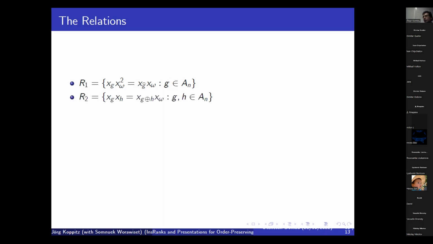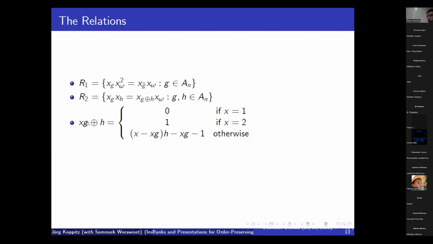And the second kind of relations do the following. If you have any two elements in An and you multiply them, then you get a new transformation multiplied with omega. What is this plus? This plus is defined in the following way.